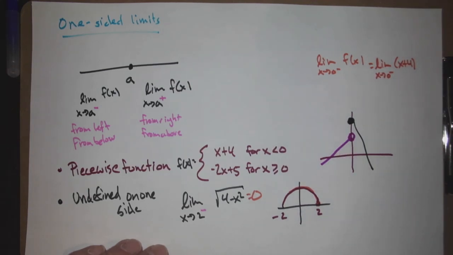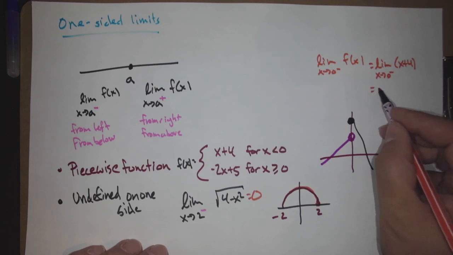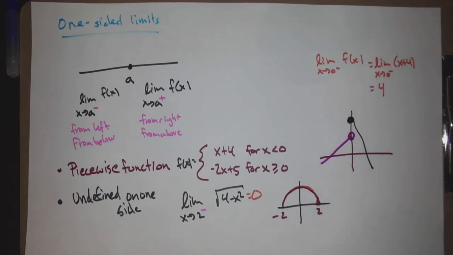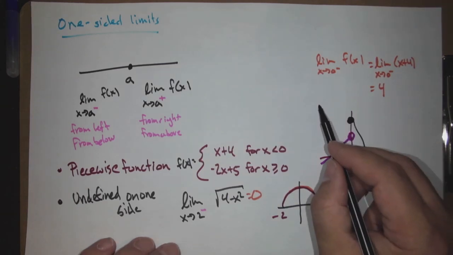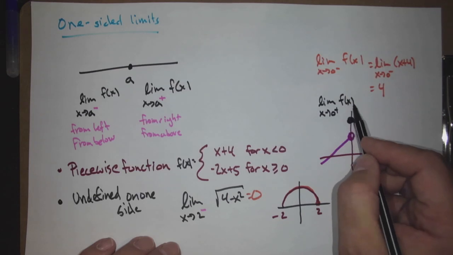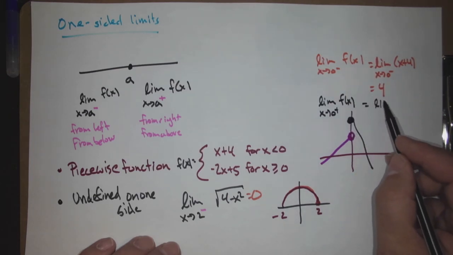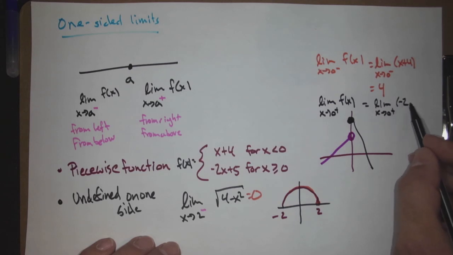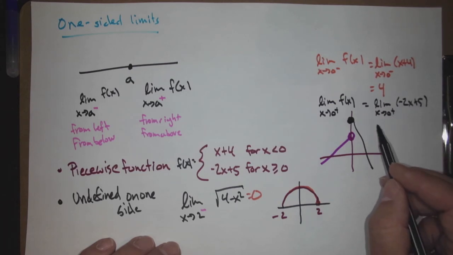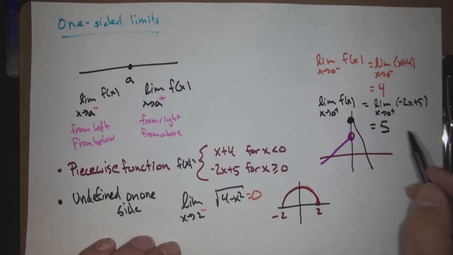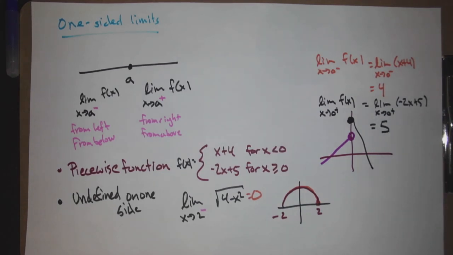And what does that turn out to be? 4. And then I can say, well, hey, let me ask on the other side. So when I have piecewise, I do it in separate pieces because I need to understand how the individual pieces work. So that's the limit as x approaches 0 from above of negative 2x plus 5. And what does that do? It's 5.